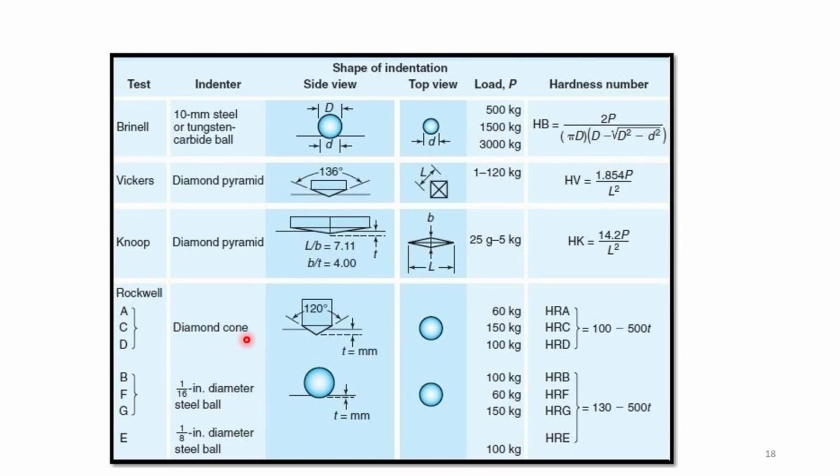This diamond cone indenter is also called Brale indenter. Now A, C, D scales fall in this, and the loads that are used are given here, and the formula used is 100 minus 500 times t. t is your depth of penetration.